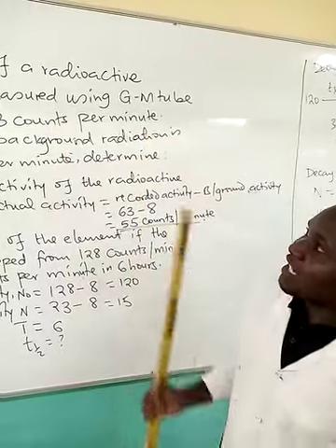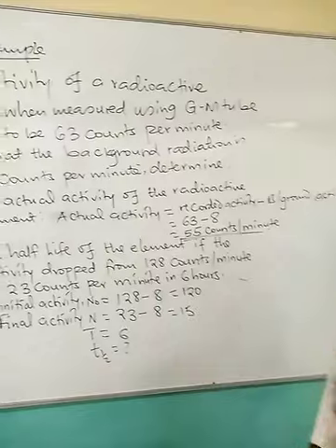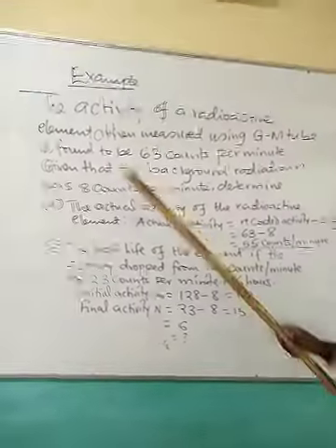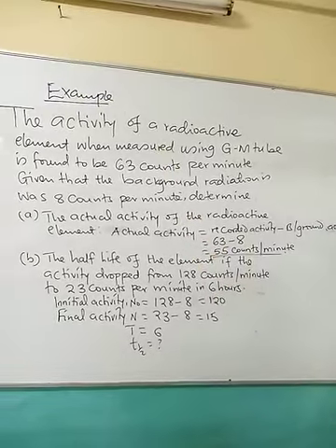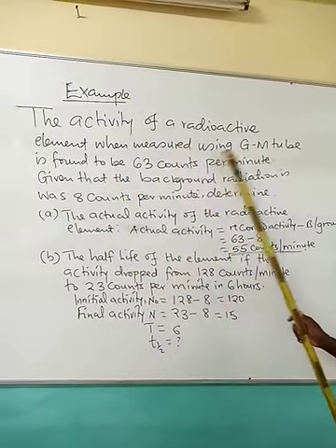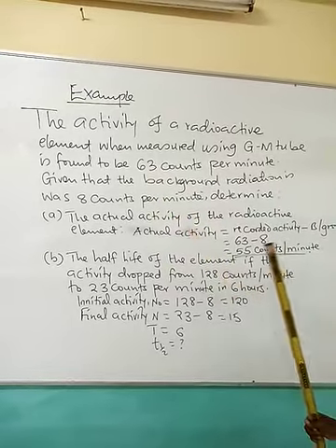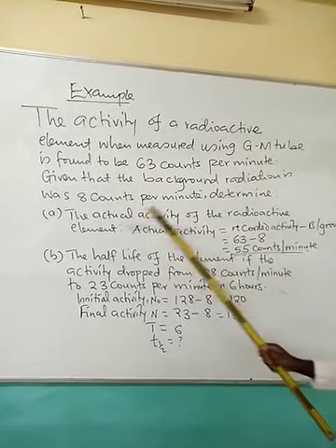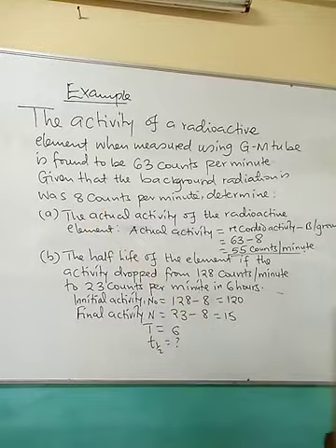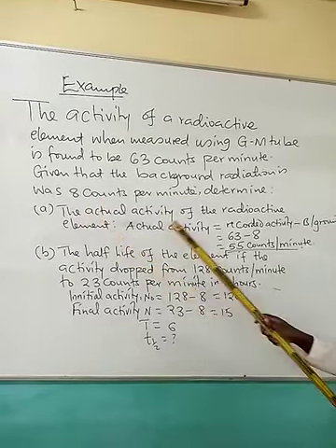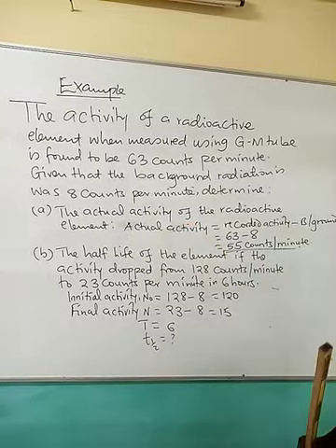Let us now look at an example that involves background radiation and requires us to work out half-life. The question reads, the activity of a radioactive element when measured using a GM tube is found to be 63 counts per minute. Given that the background radiation is 8 counts per minute, determine the actual activity of the radioactive element.